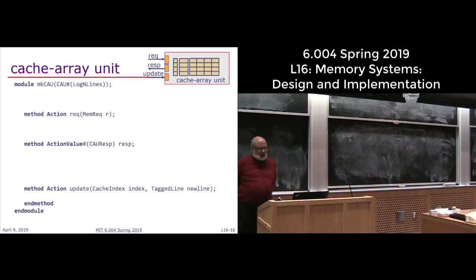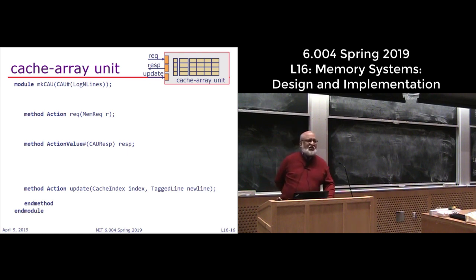Okay, now let's try to understand how this unit will work. All right, so this is just the basics of it. We are going to write this mkCAU module, and since I have already told you its interface has three methods, our job is to write those three methods, and we have to declare all the internal state, and if there is a need for any rules, we will describe all those rules.